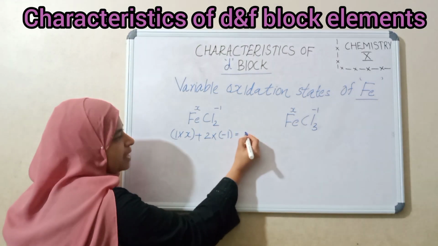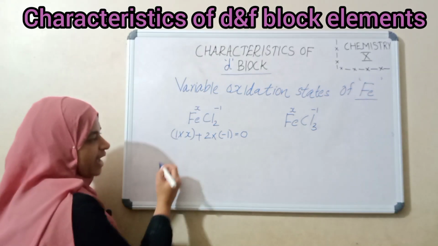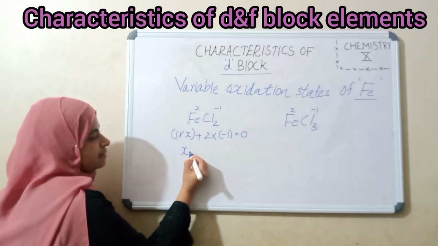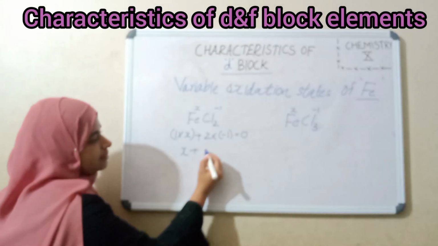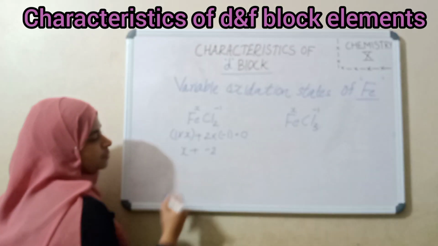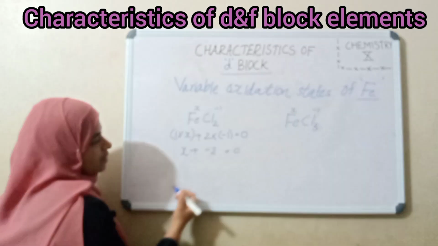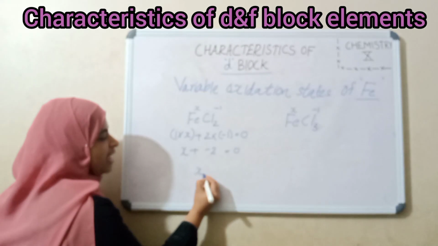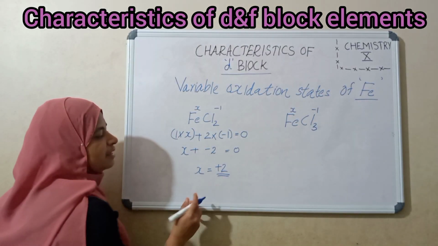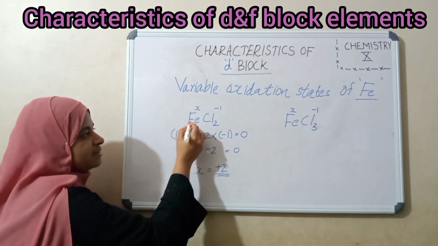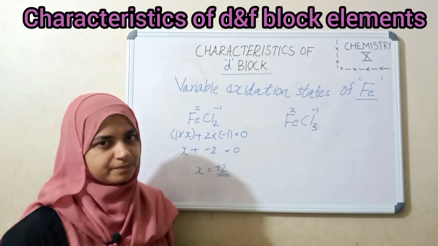This must be 0. 1 into X plus 2 into -1, that is -2, equals 0. Therefore, X equals +2.